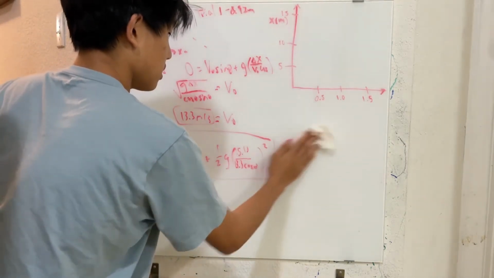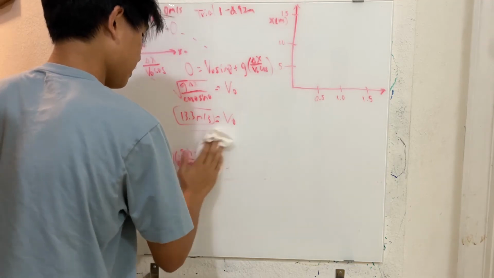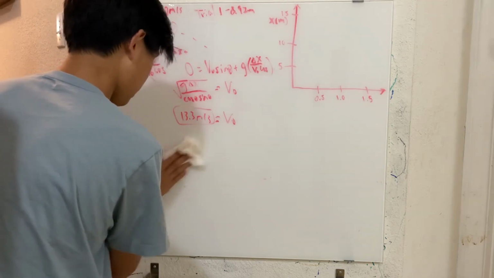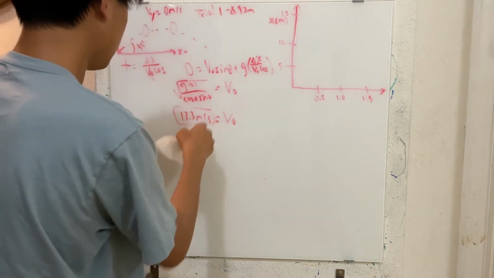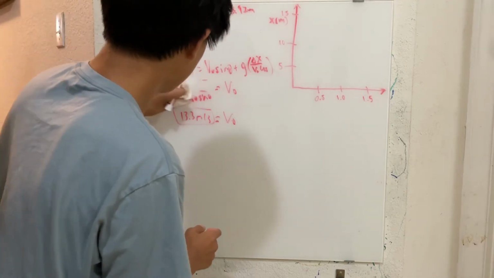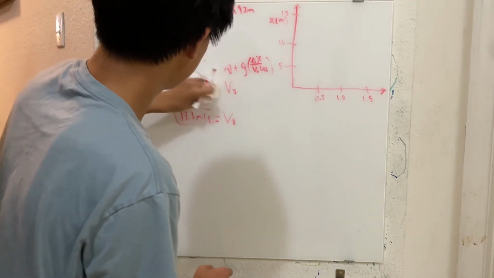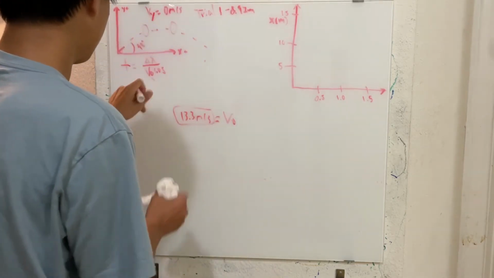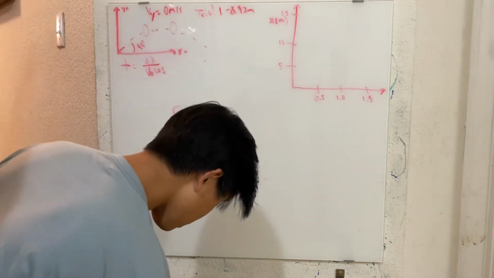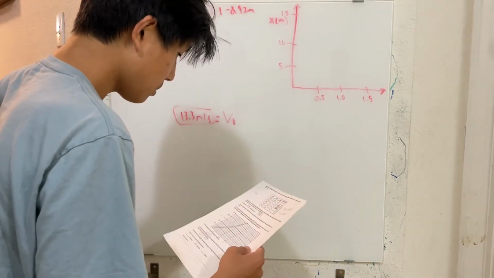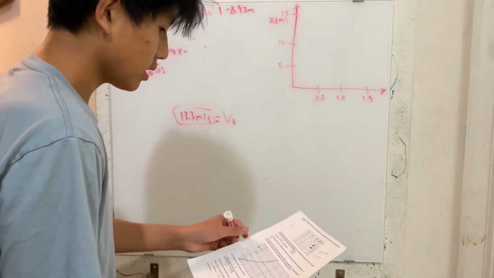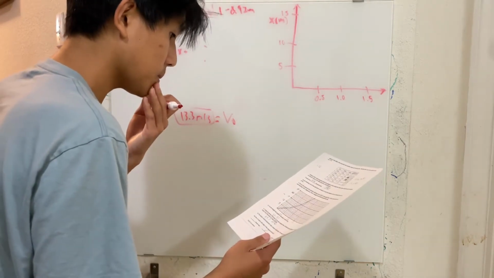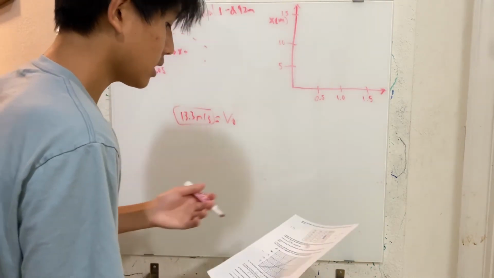So basically it's asking us to find a line where the slope can help us find v naught based off the data given.